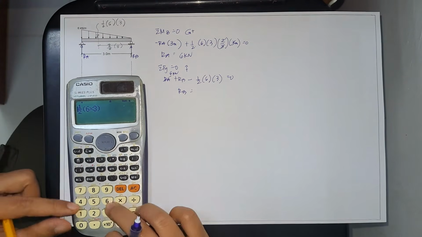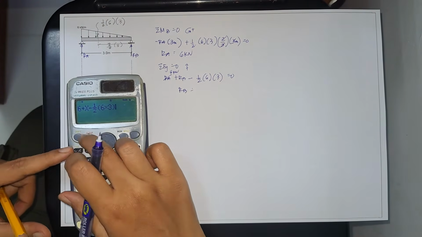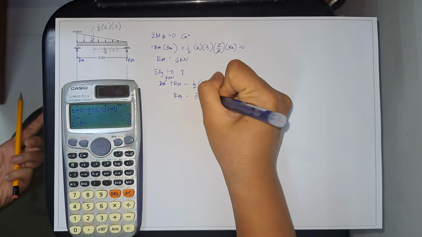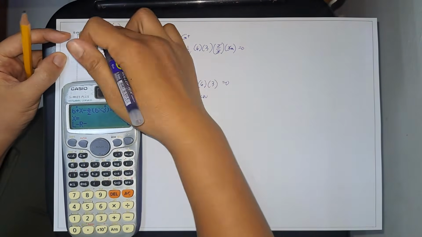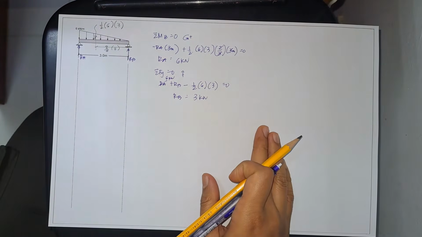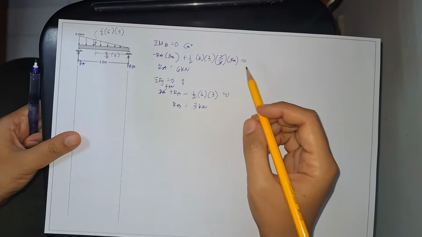So we have 6 plus X minus 9, okay, may trust issue na. So we have here RB is equal to 3 kilonewton. Kasi this is 1/2 of 6 by 3, so 9. Tapos 6 yan, so tama, 3 kilonewton. Double check lang natin para sure, no? Kasi nasa reaction tayo. Okay.